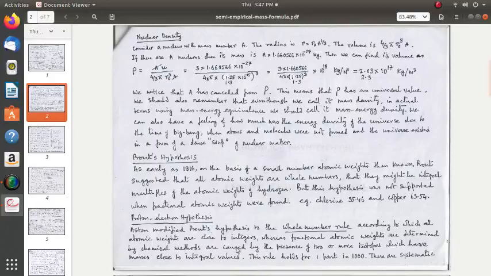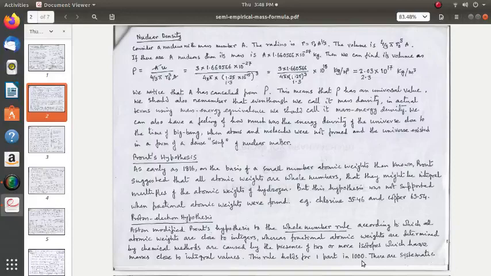This whole number rule is valid to one part in 1000, so delta m by m is 10 to the power minus 3. Aston had an accuracy of 10 to the power minus 6 in his mass spectrometer, so he could also study the deviation from his whole number rule.